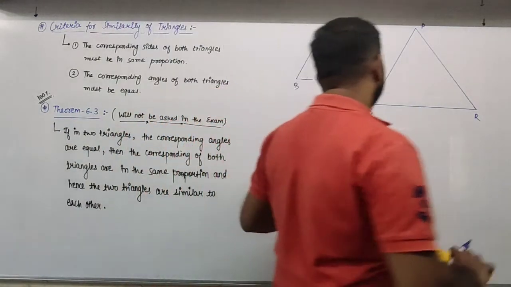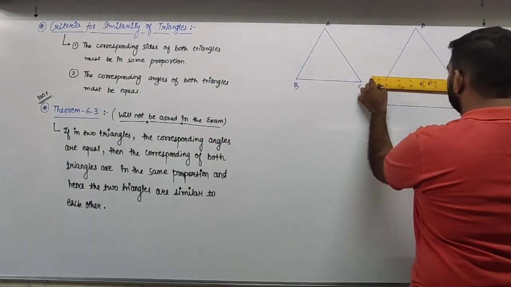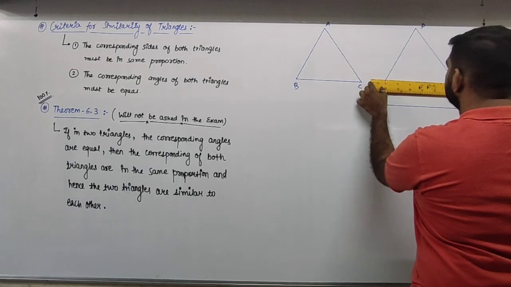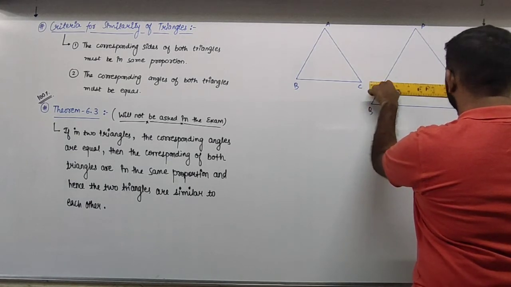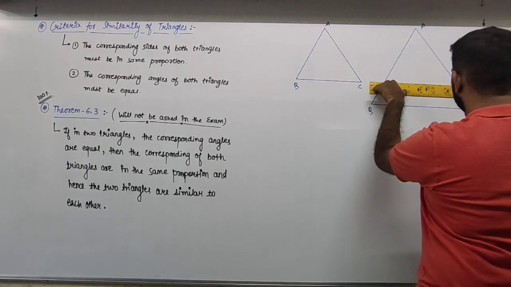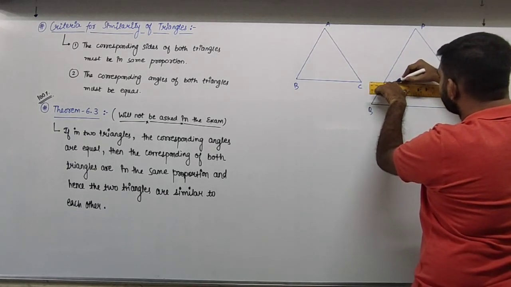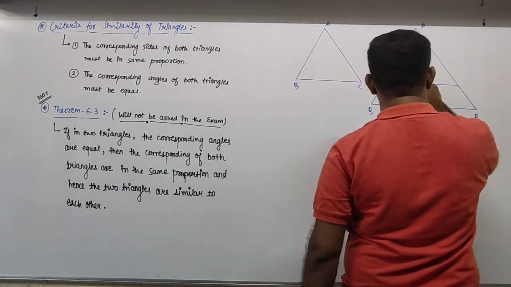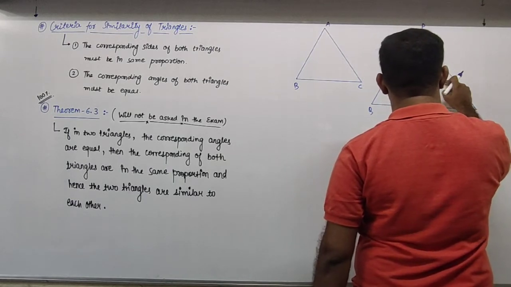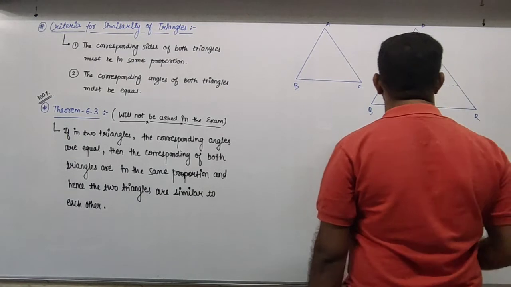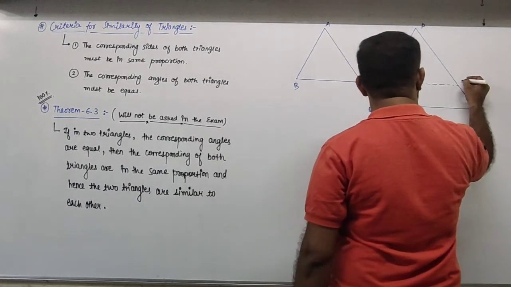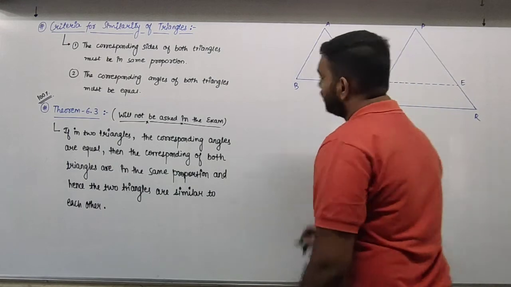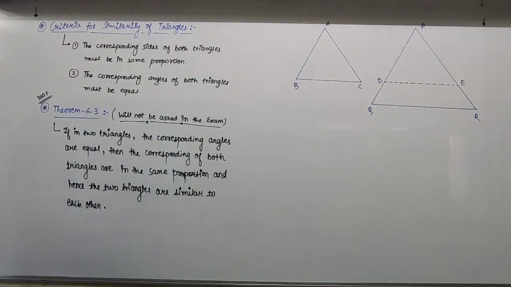So first of all, we shall draw a side DE, because if I want to prove the triangles to be similar, then I must have this here, right?